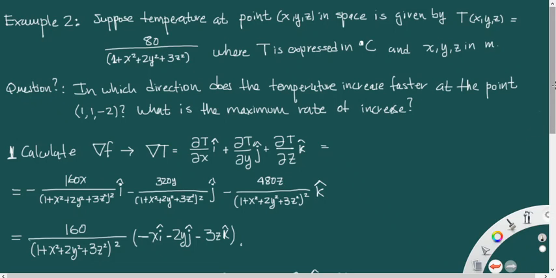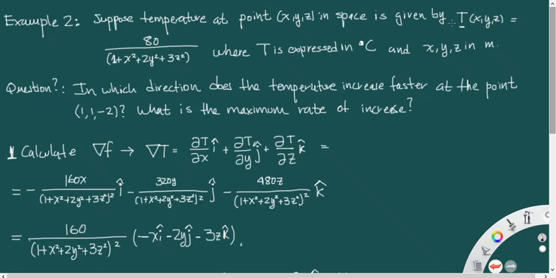In this case, maybe the dependent variable could be w, but in this case, the dependent variable is t. T is the dependent variable, and t is a function of x, y, and z.